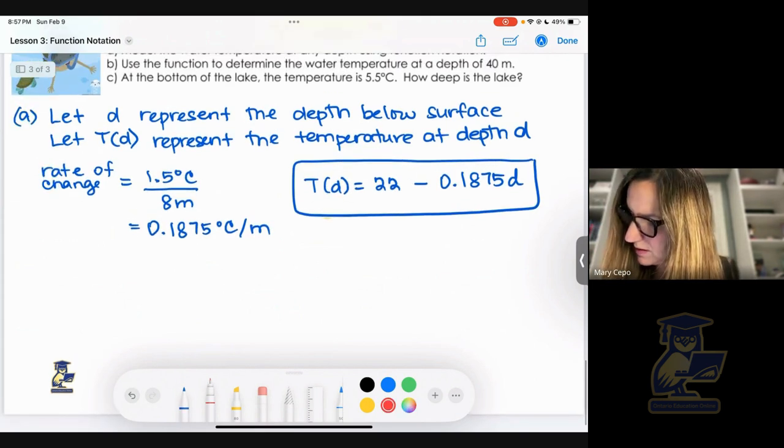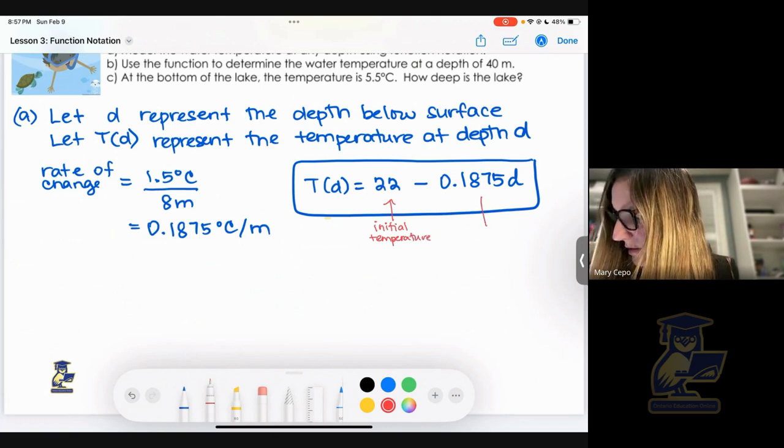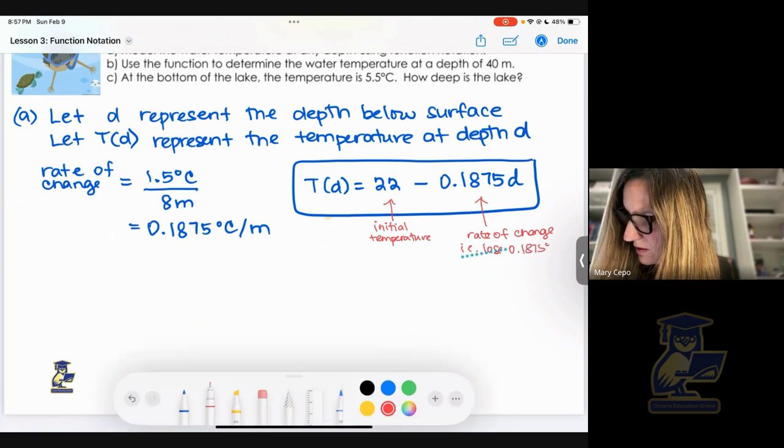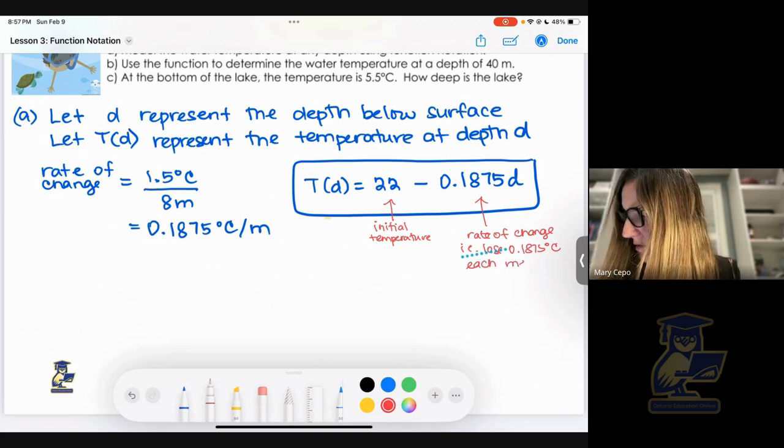Keeping in mind, 22 was the initial temperature, and then the rate of change, that is, we lose 0.1875 degrees Celsius each meter.